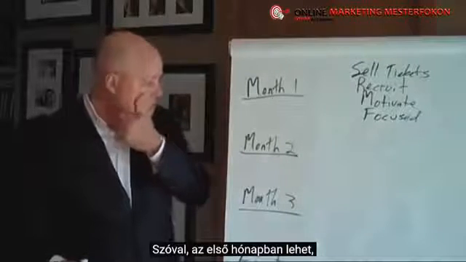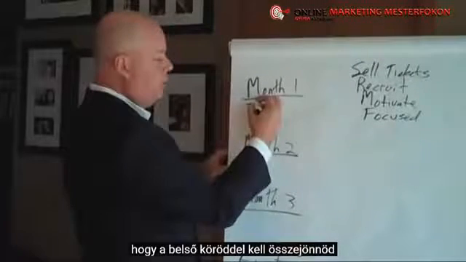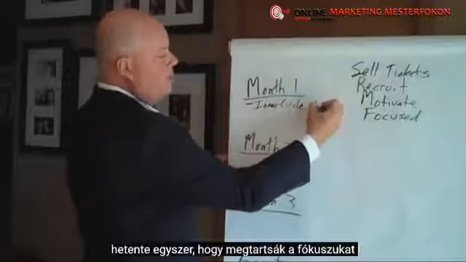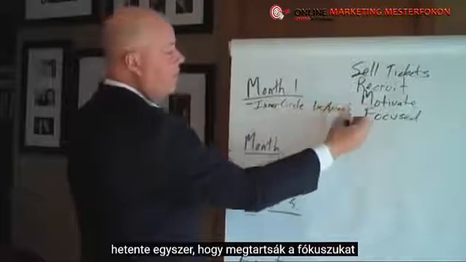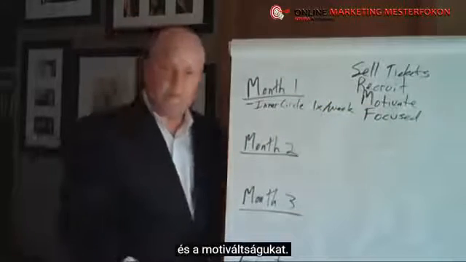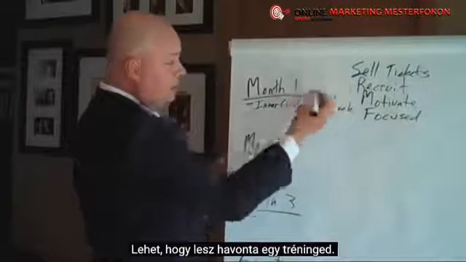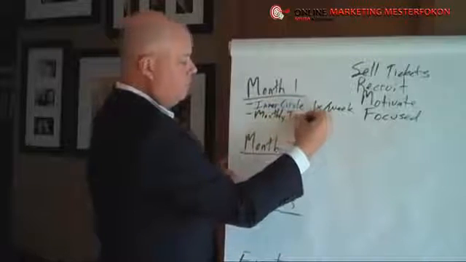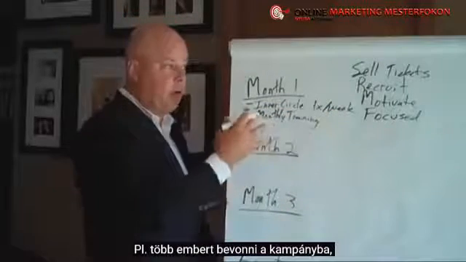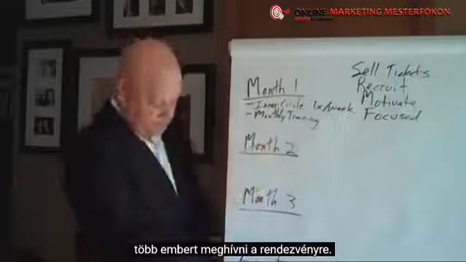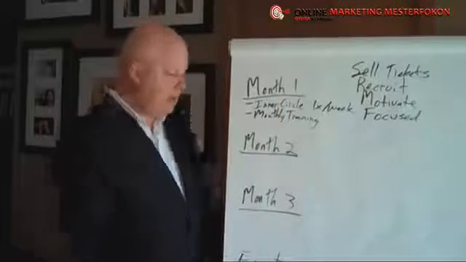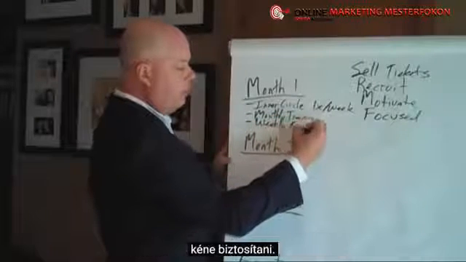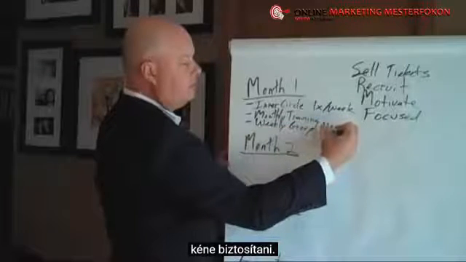So in month 1, maybe you get together with your inner circle one time a week and just keep them focused, keep them motivated. Maybe you have a monthly training. What's that training going to be about? Getting more people involved in the campaign, getting more people to the big event. Maybe you need to do weekly group opportunity meetings.